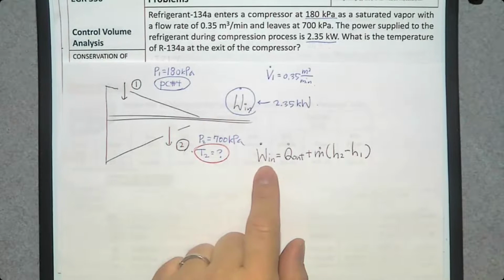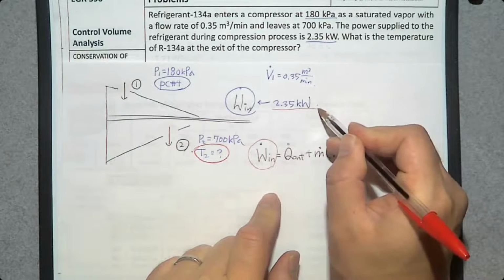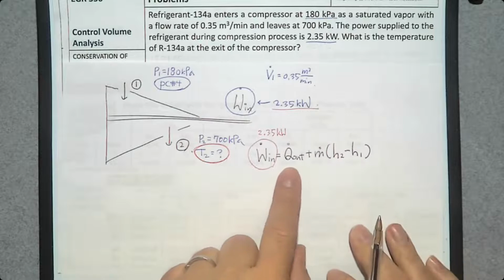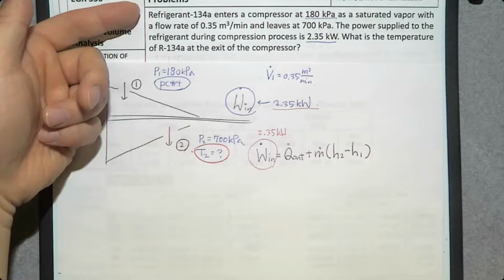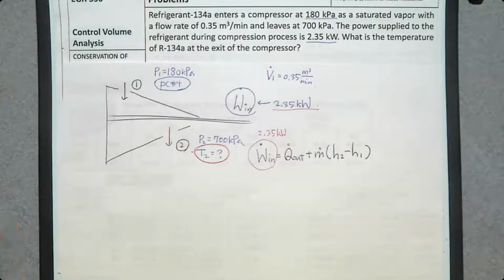First, what is W dot in? Oh, that is given, 2.35. Okay, good. What about Q dot out? Is there heat loss from the compressor? There's no information, so you can neglect heat loss.